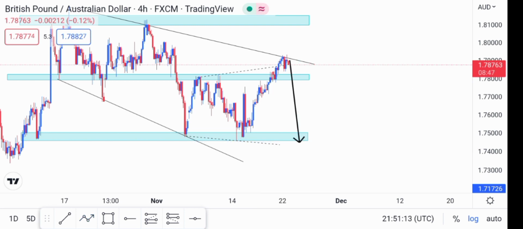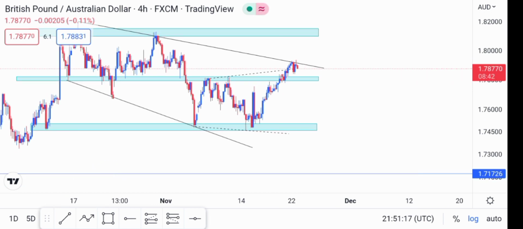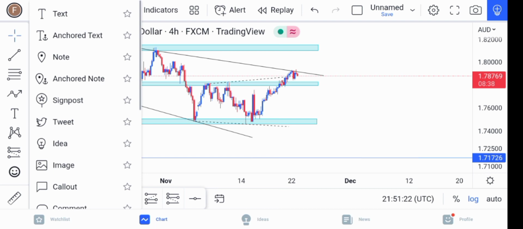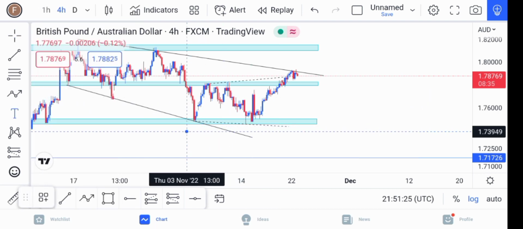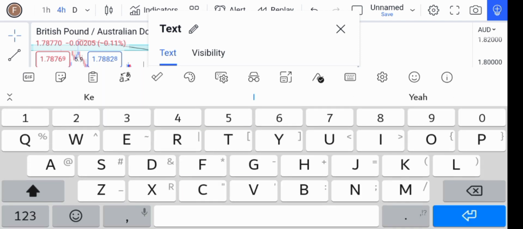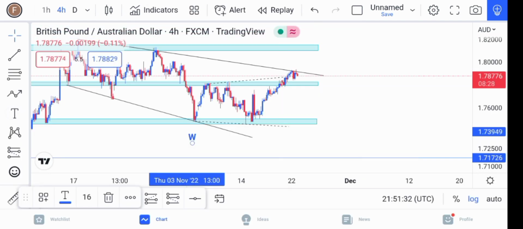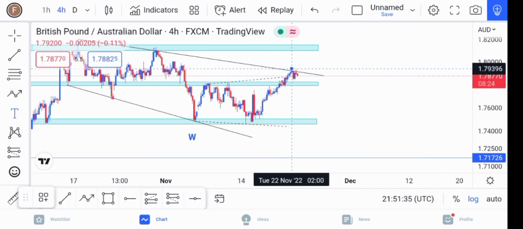But while doing this, something is occurring right over here between this expanding channel. So I'm seeing this type of pattern, if you're familiar with it, the WXY pattern. So over here you can see it.